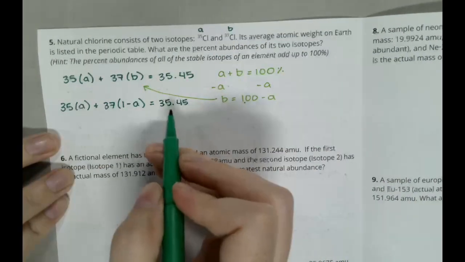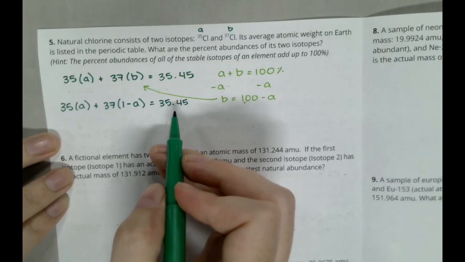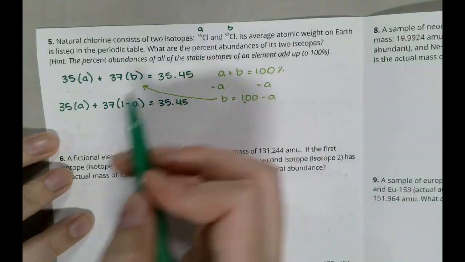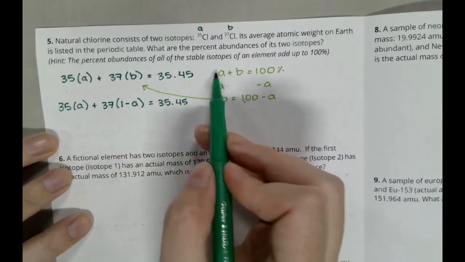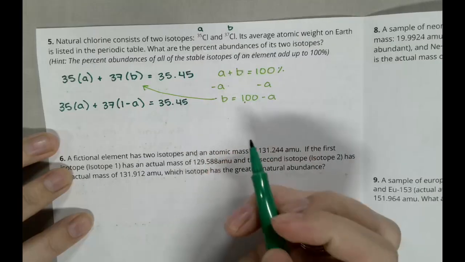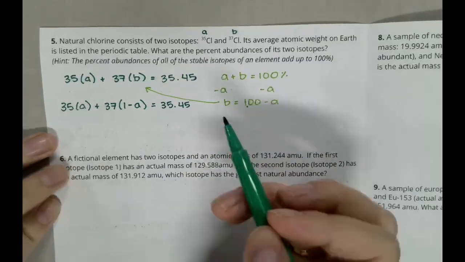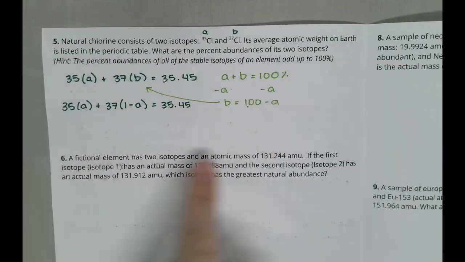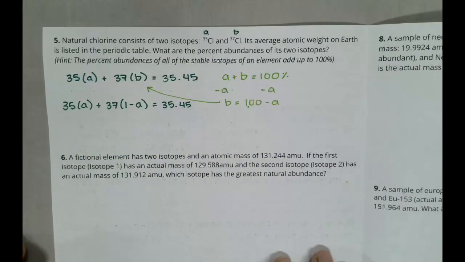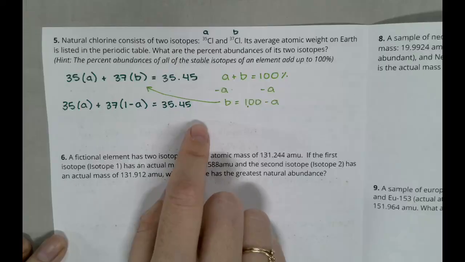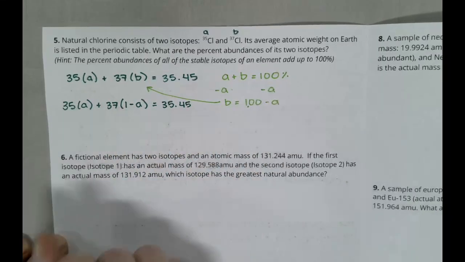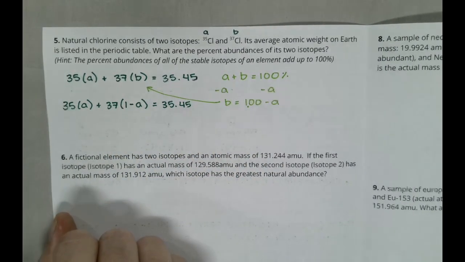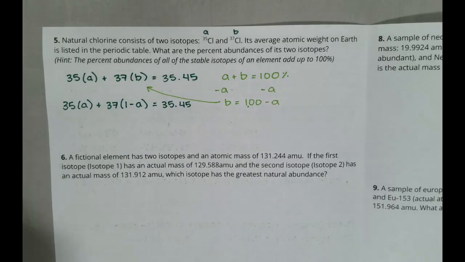Okay, now we can solve for A, and that will give us the percent abundance of chlorine 35. And if we know A, then we can use this equation to find the percent abundance of chlorine 37. That's B. I'll let you finish up this problem. This is an example of about as hard as these problems get. 6, 7, 8, and 9 are similar to this one, and you will have to use systems of equations on a couple of them. Let's see. Do we want to finish solving this one? Yeah, I think I better finish solving this one just so you can see an example of it.